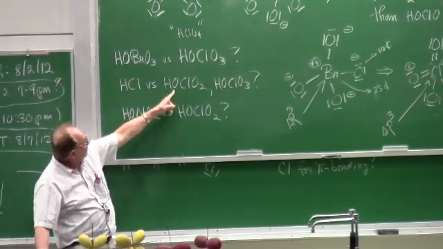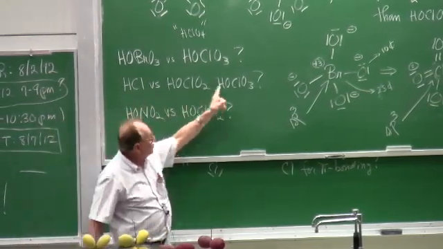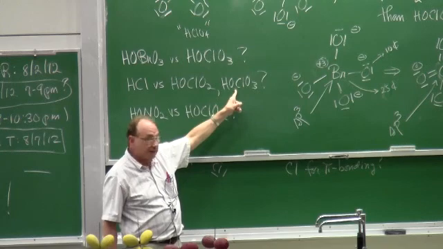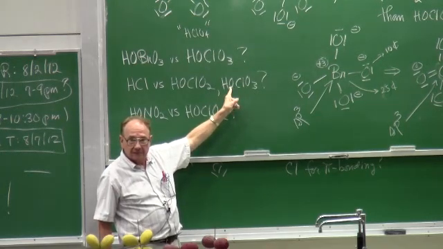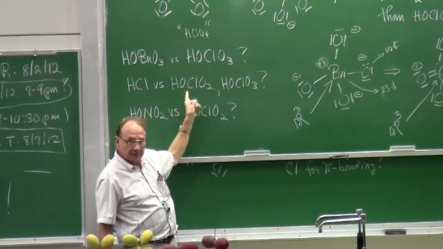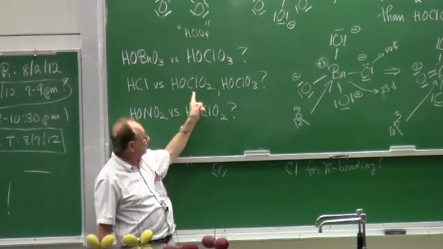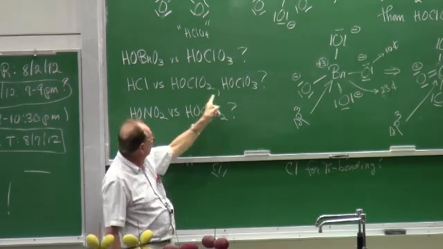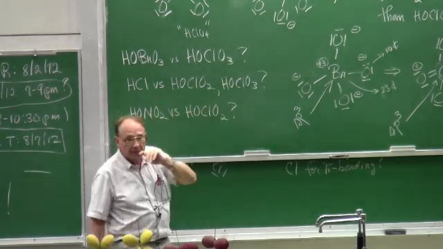How do you think this one fits in compared to this? We know this one is a weaker acid than this. Induction favors the stabilization of the conjugate base of this more so relative to this because of the additional peripheral oxygen. How about these versus each other?